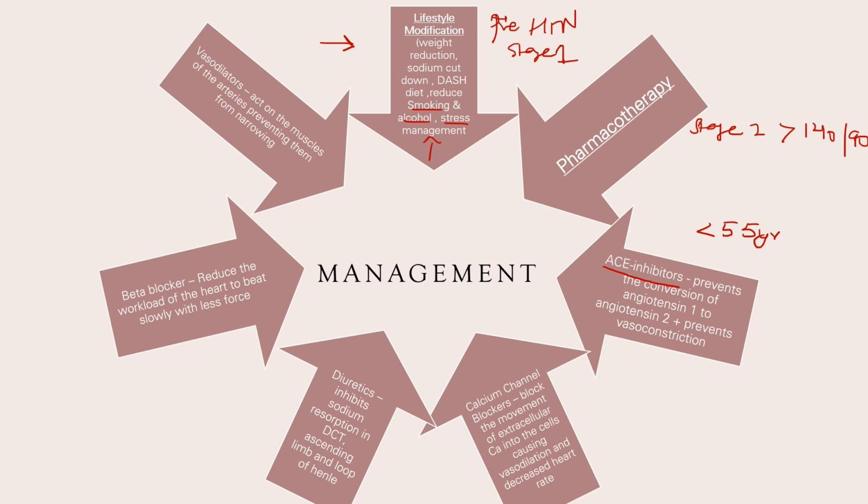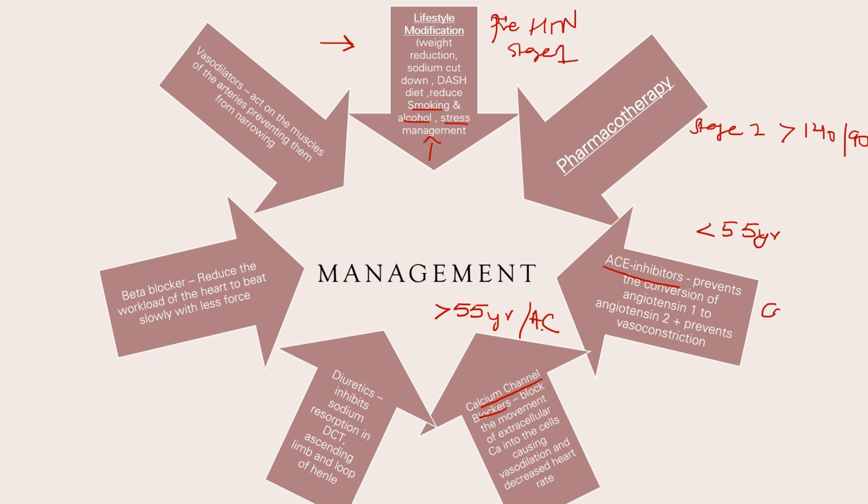But if the patient is more than 55 years or he or she is an Afro-Caribbean, we start them off with calcium channel blockers. ACE inhibitors prevent the conversion of angiotensin 1 to angiotensin 2, and it prevents the vasoconstriction.